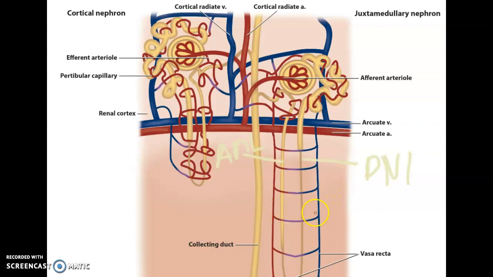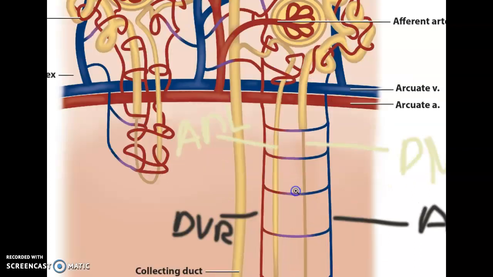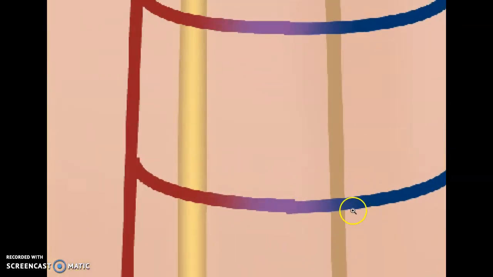So this right here is the vasorecta, but it's the ascending vasorecta, and this is the descending vasorecta.